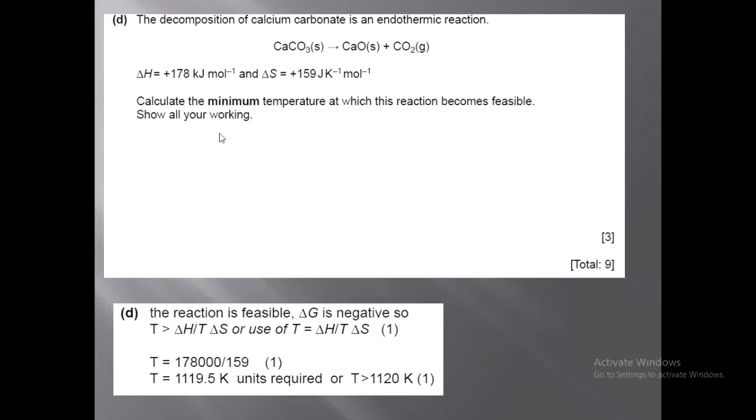We know that delta G has the formula delta G is equal to delta H minus T delta S. For the temperature at which the reaction becomes feasible, we have to put delta G as 0.